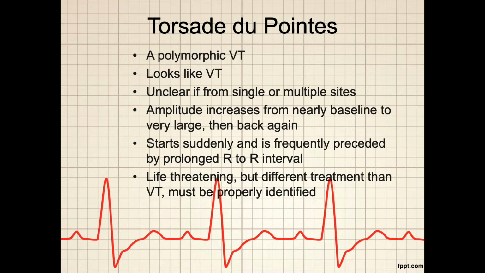The amplitude increases from nearly baseline to very large, and then back down again. It starts suddenly and is frequently preceded by a prolonged R to R interval. It is life-threatening, but has a different treatment than monomorphic ventricular tachycardia, and therefore must be properly identified in order to treat it with the proper medications.